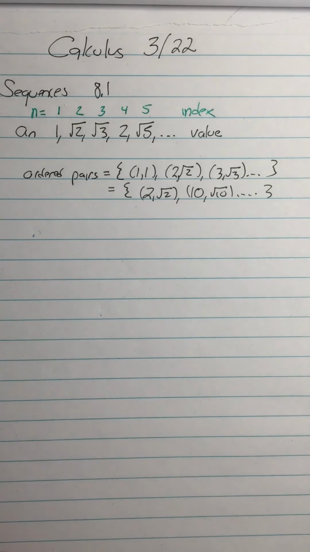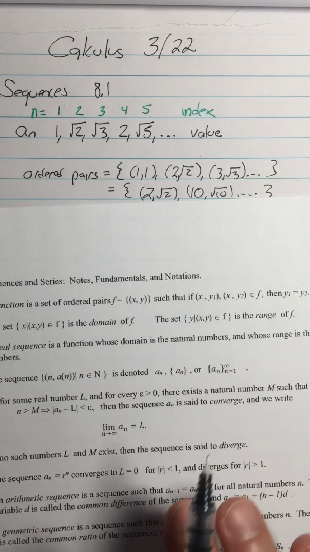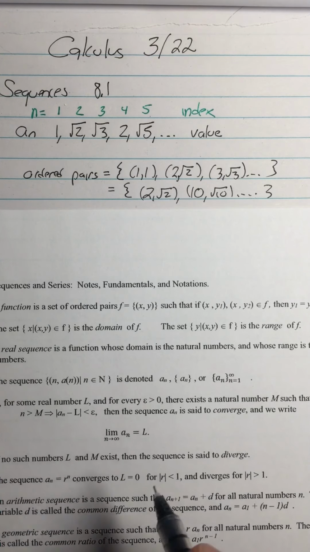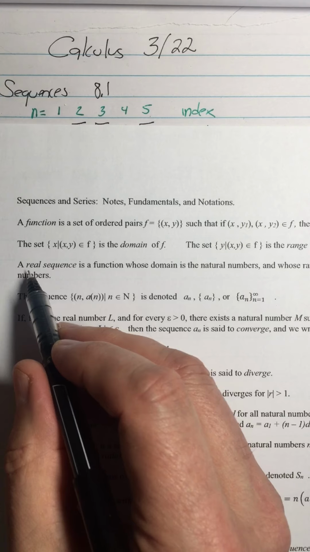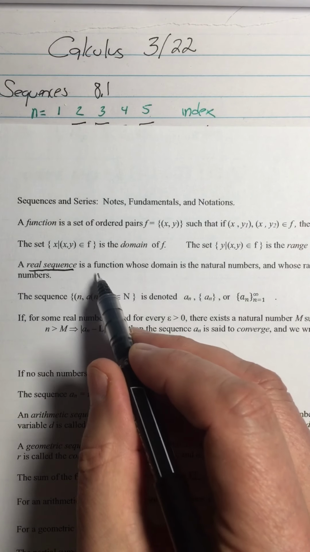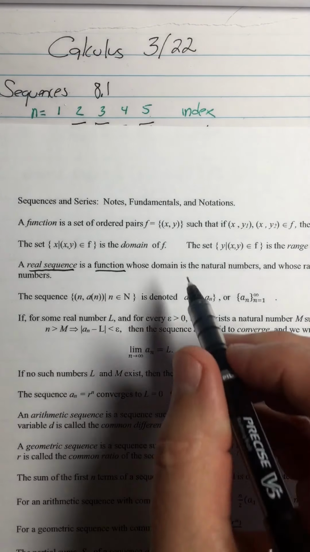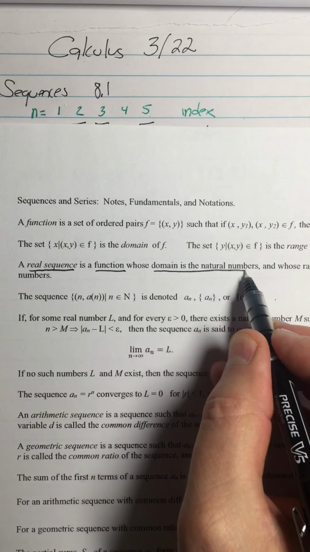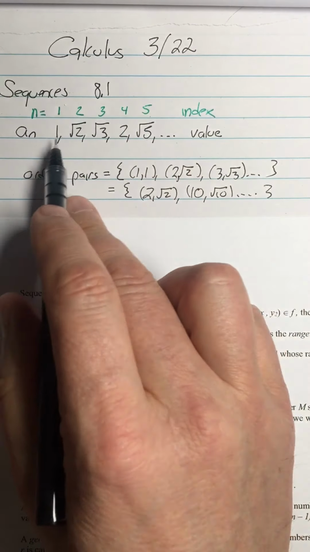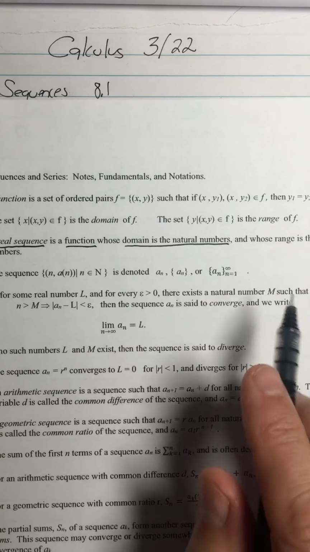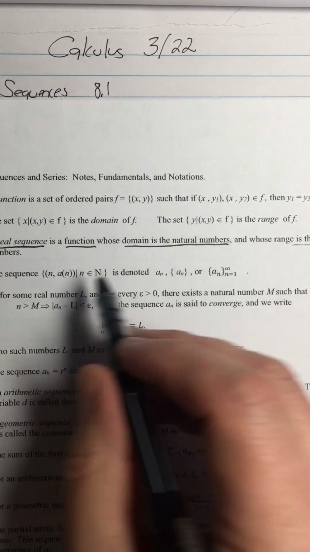So in fact, we can say this, this is an addendum to your videos for today. Sequences and series. A real sequence is what we're going to be talking about. It's a function. And it's a function whose domain is the natural numbers. All right, so these are the domain variables up here. These are the range variables. All right, and whose range is the real numbers.